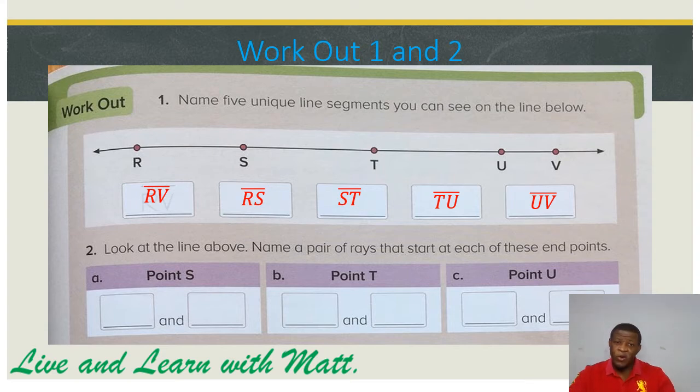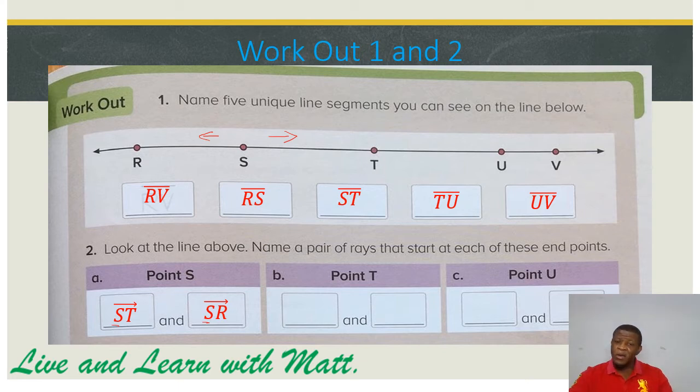The ray must go, one to the right and the other to the left. So we have ST and SR. It must start from the same point S but go in opposite directions.